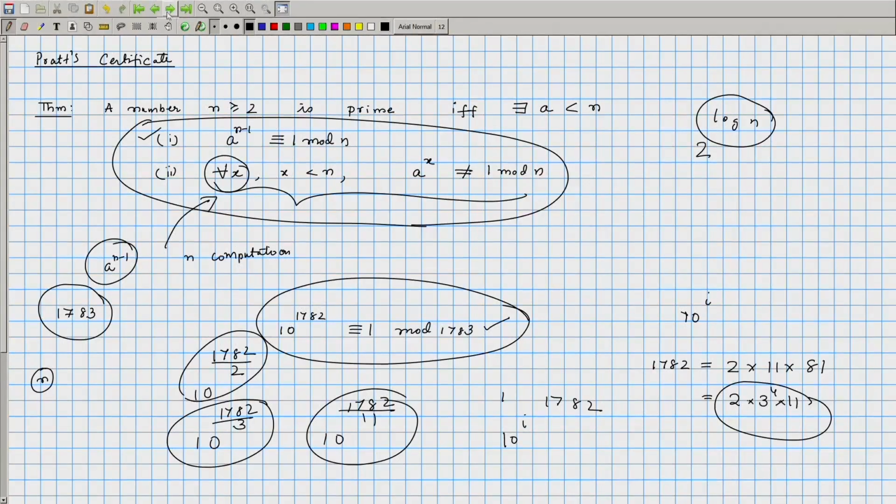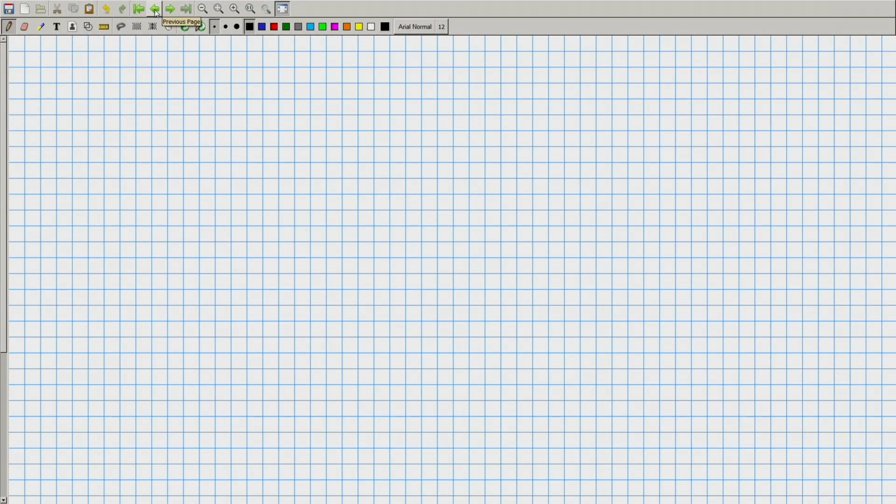Why would this suffice? Consider the smallest x such that 10 to the power x is congruent to 1 mod 1783.